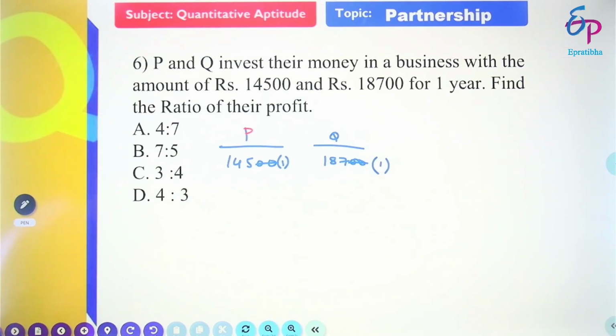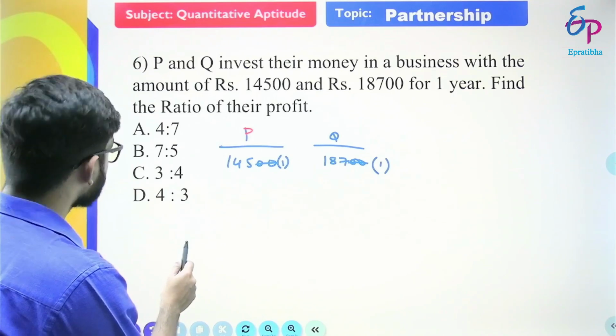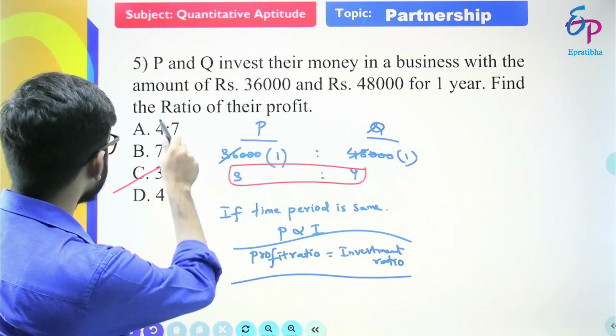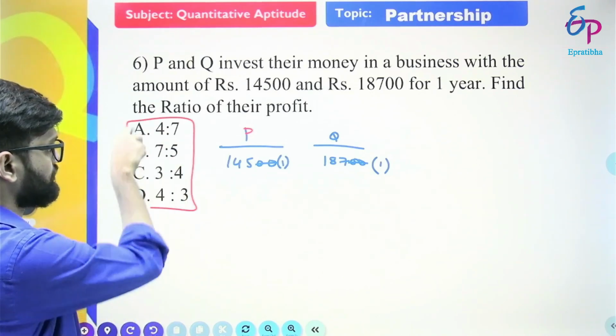Just give me a minute. I don't think I changed the options for this. For question number 5 and question number 6, it got printed the same, so these options are wrong.